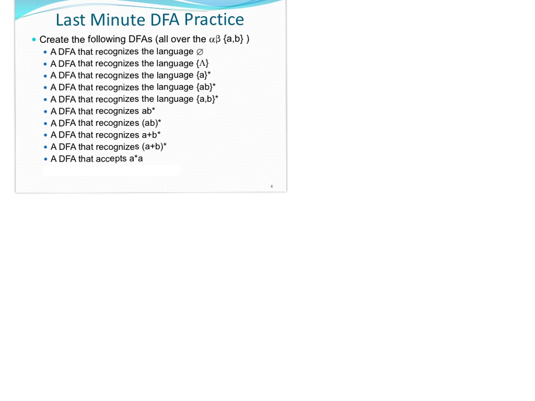I've got my start and a single state. This says over the alphabet AB, so I'm over AB. I'm sorry, handwriting on this iPad is difficult, but there is my start state, AB, no double circle, so it accepts the empty set.